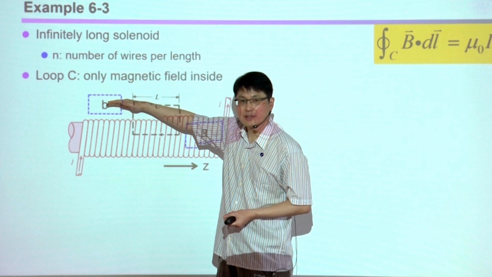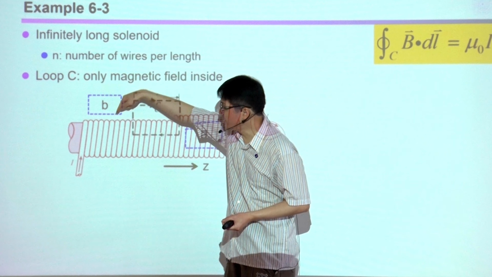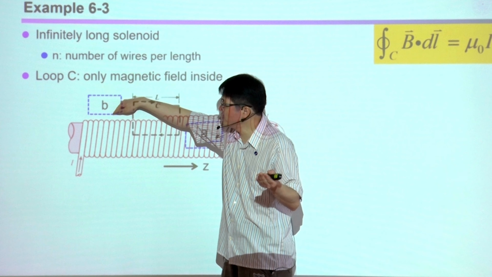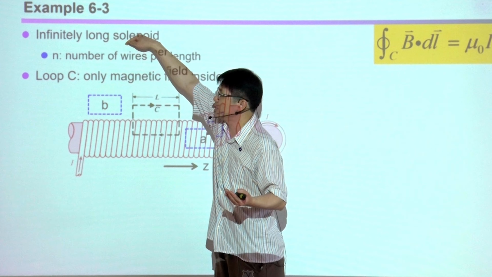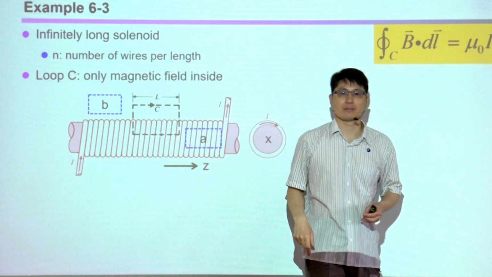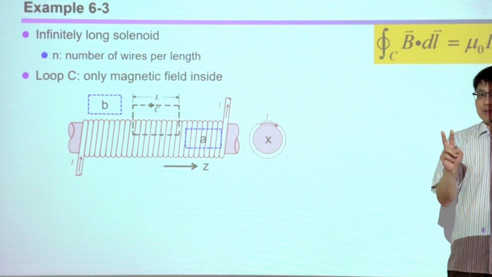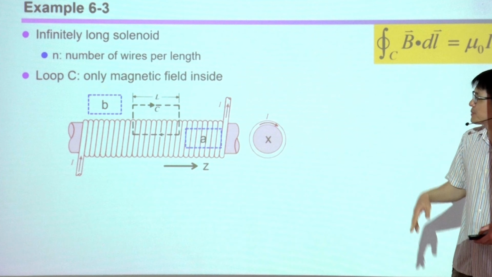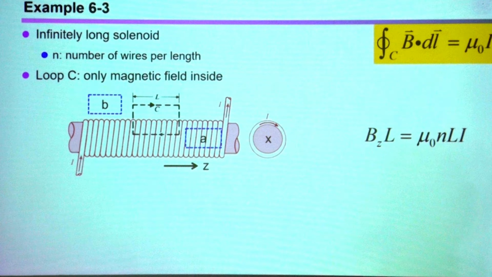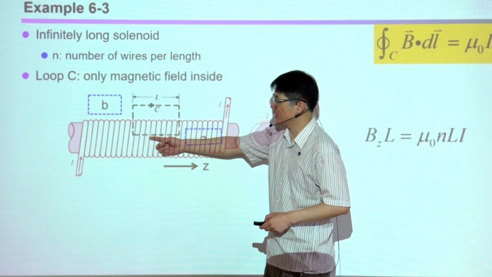Field outside is also a constant. Here it has a value, here the same value, here the same value. All right? So you have to know these two pieces of information before you can proceed to using closed loop C.